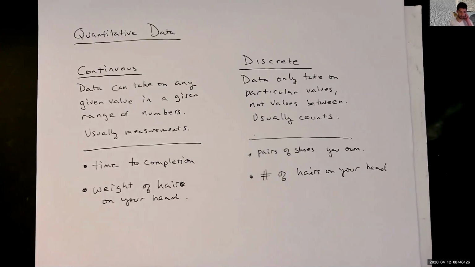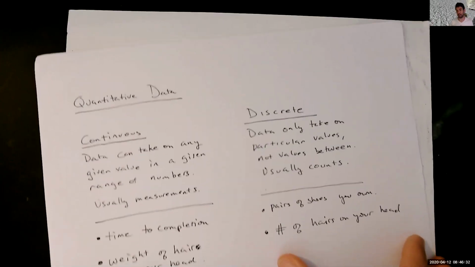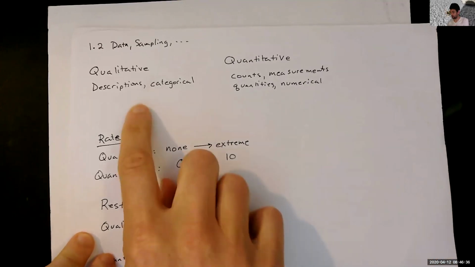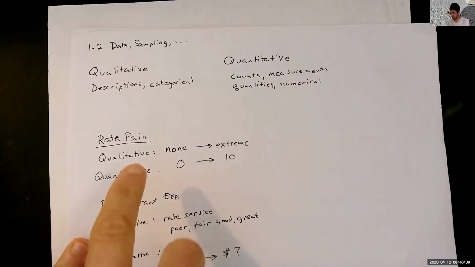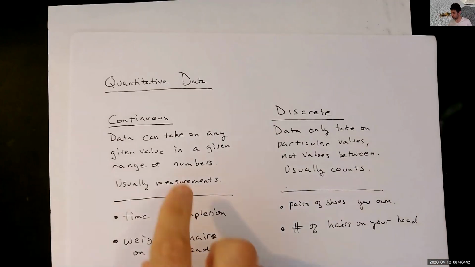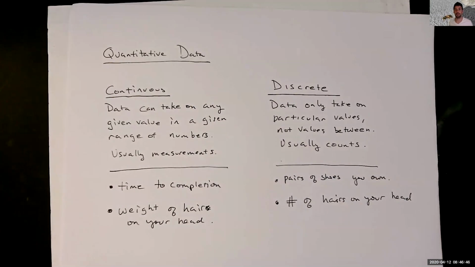Things that we have to measure. So those are the two divisions of the quantitative data. Right now what we've got is, first, we divide data into qualitative or quantitative, and then if it's quantitative, we can split it further into continuous and discrete data.